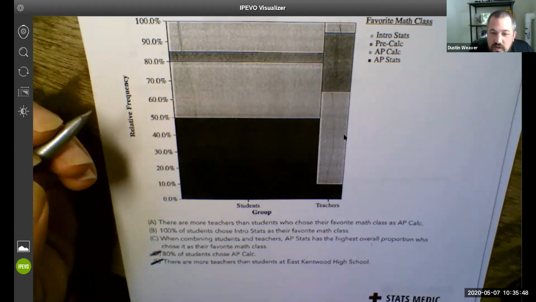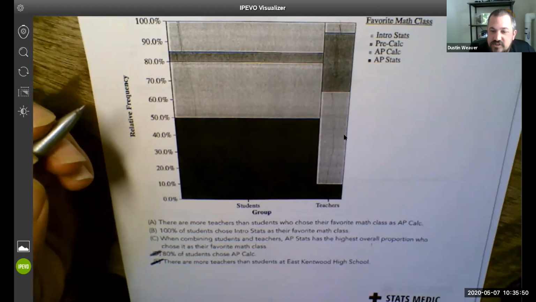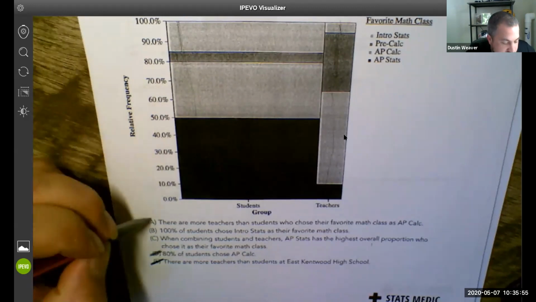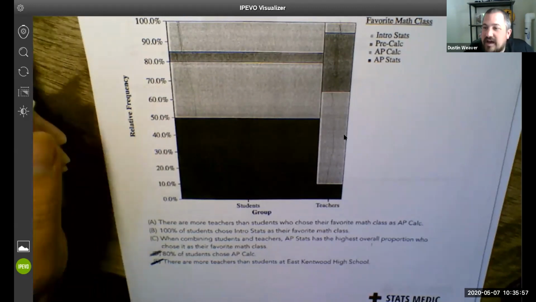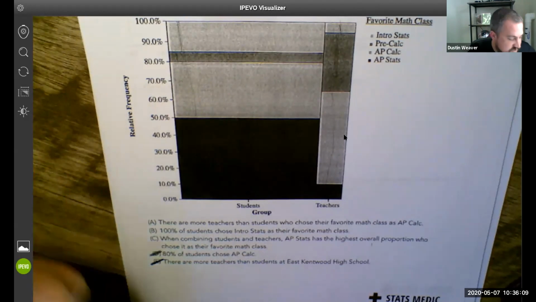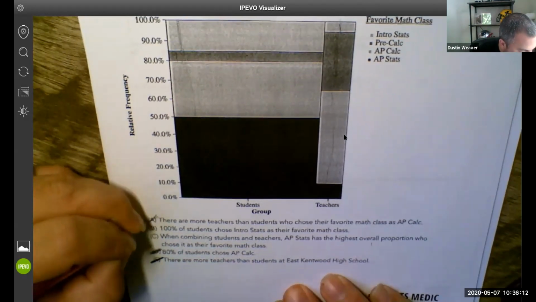So we don't know that there are more teachers than students who chose AP Calc as their favorite math class. A lot of people go ahead and pick A. Now, a higher percentage of teachers chose AP Calc than the percentage of students who chose AP Calc. But that's not what answer A says.